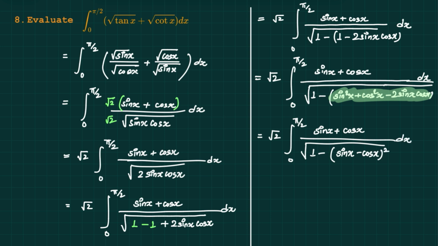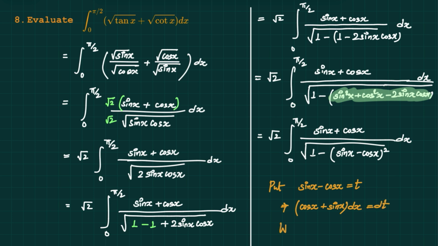Now we will substitute this denominator term, that is sin x minus cos x, to be t, and on differentiating we will have cos x minus, derivative of cos x is minus sin x, so it will be plus sin x, dx equals dt.